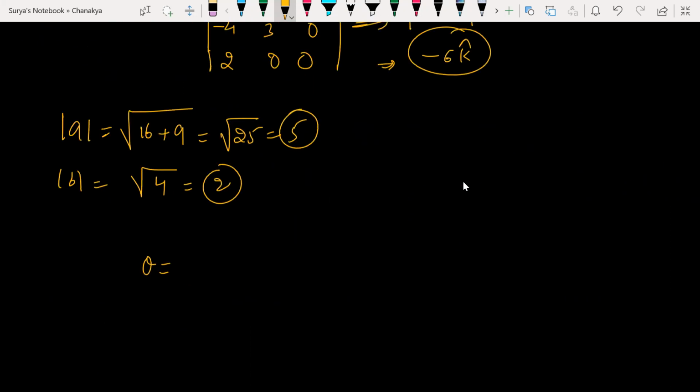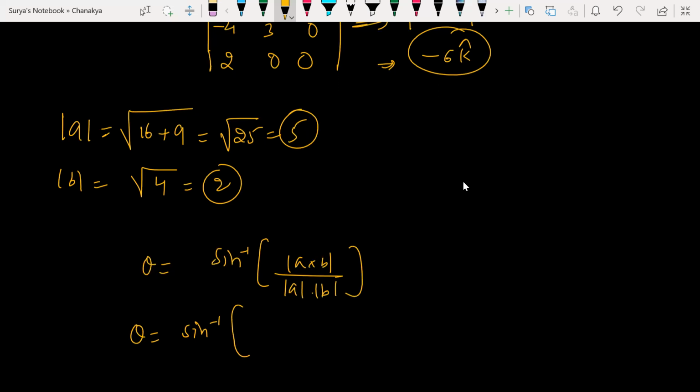Theta is sine inverse of A cross B by magnitude of A into magnitude of B. So theta is equal to sine inverse of how much did I get?